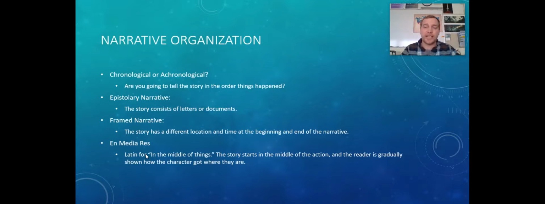It starts when it's really exciting. And then the reader is just gradually shown how the character got there through flashbacks or dialogue or something like that. And this is a really good way to get people's attention, get them really interested in the story right away. And all of these can be used in different ways to get your reader's attention, but they're all things you want to consider before you start your narrative.